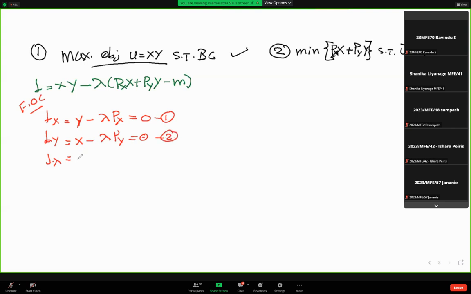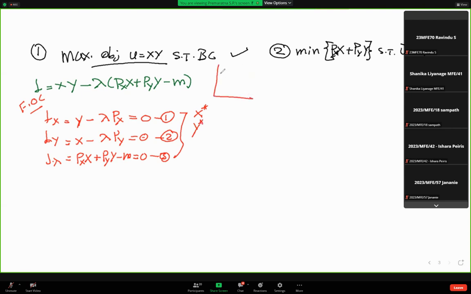And the third, with respect to lambda, we get again the budget constraint. That is the third equation, from which we got the answers for x and y, the optimal values.